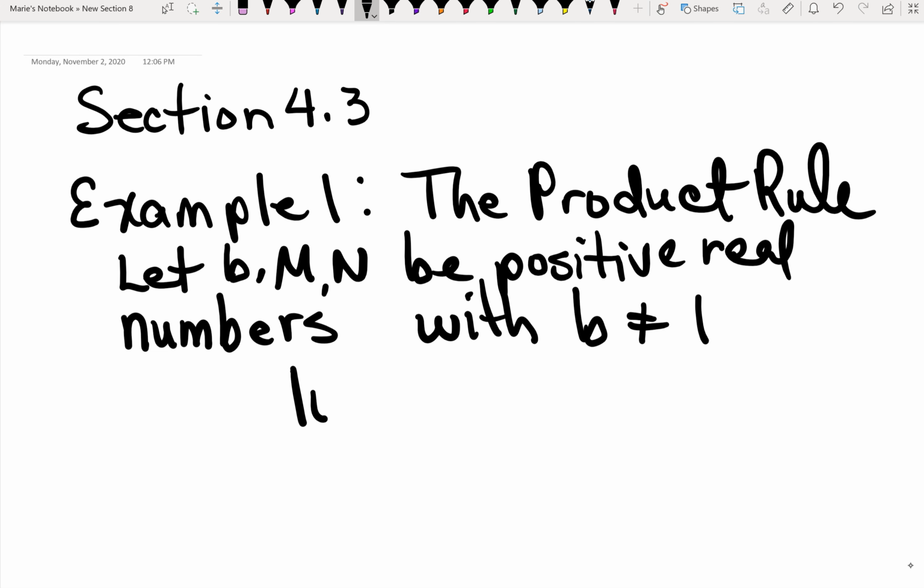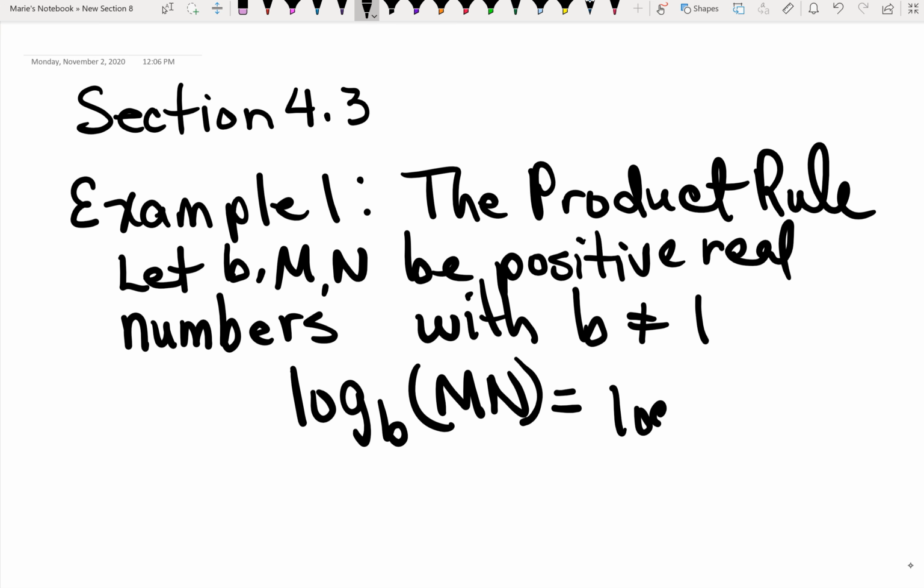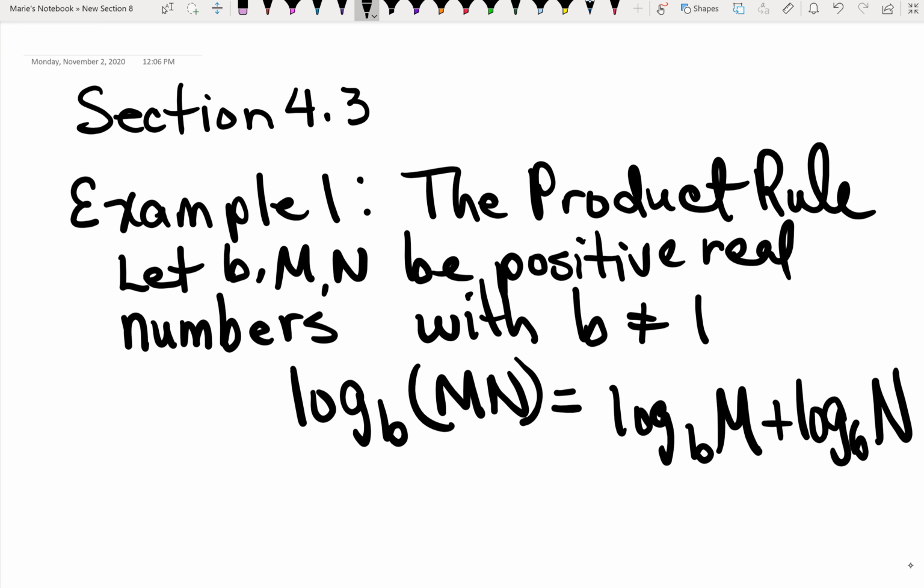And so the rule of thumb is that if I have log base B of M times N, that's equivalent to log base B of M plus log base B of N. And so this becomes the sum of two logarithms.